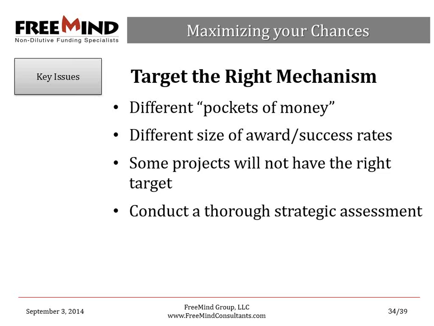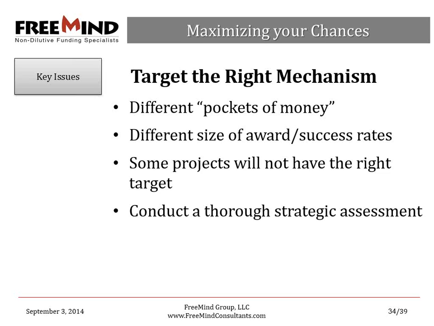There are many different pockets of money, and you really need to target what's right for your project. It's vital to understand the different size of award and success rates, know the different funding levels, and match them to your requirements and needs. And of course, conduct a thorough strategic assessment. What are your objectives? What research do you have, and in what stages of development are they?